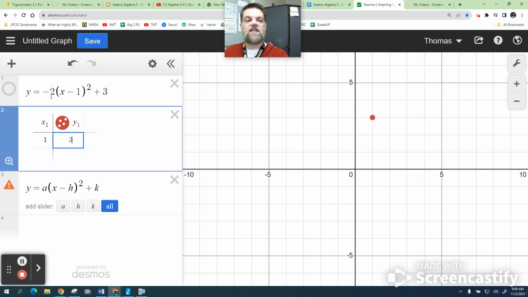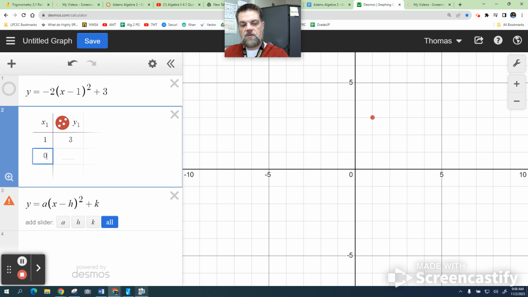Now, what does the -2 tell us? Which way it goes. Is it going to open up or is it going to open down? Down, because 2 is negative, right? So now let's think of a number close to this one. Actually, let's plug in 0.